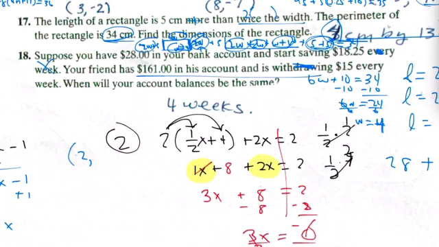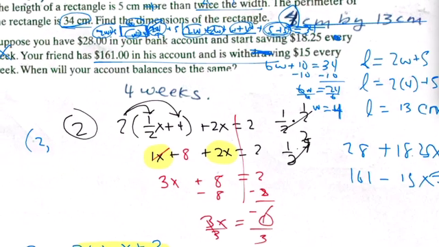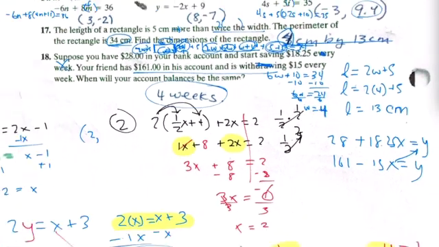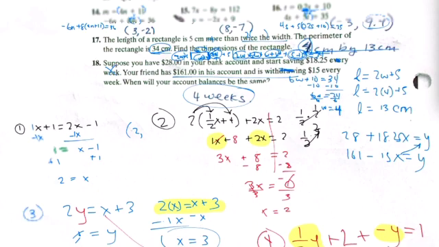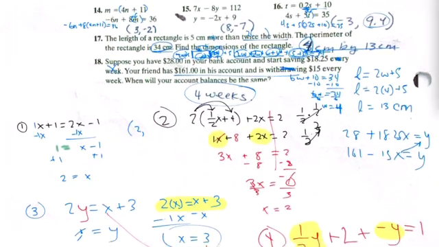And then withdrawal, your friend is 161 minus 15x equals y. And then substitute and solve, and you should get 4 weeks. X represents the number of weeks, so solve for x. Okay? I will look for the work. Sorry for being tired.